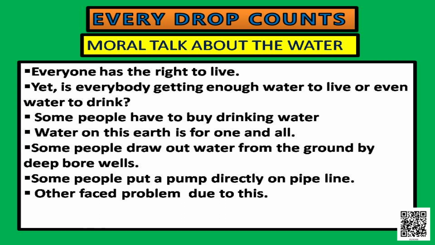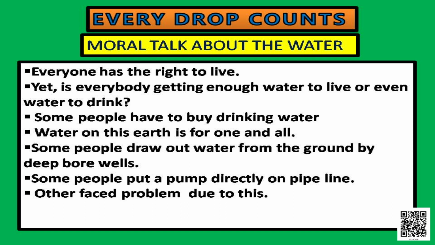Some people have to buy drinking water. Water on this earth is for one and all. Some people draw out water from the ground by deep bore wells. Some people put a pump directly on the pipeline. Others face problems due to this.